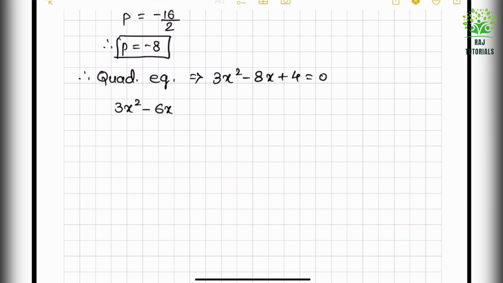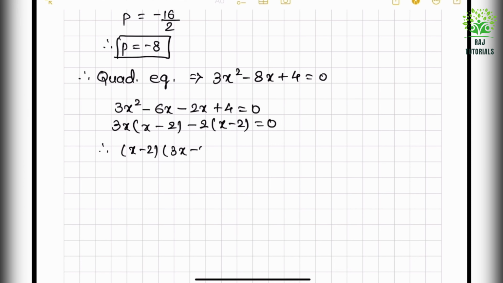So I will have 3x square minus 6x minus 2x plus 4 equal to 0. So from the first two I am taking 3x common, so x minus 2. From next two minus 2, so x minus 2 equal to 0. So therefore I can say x minus 2 into 3x minus 2 equal to 0. So therefore x will be 2 or x will be equal to 2 by 3.